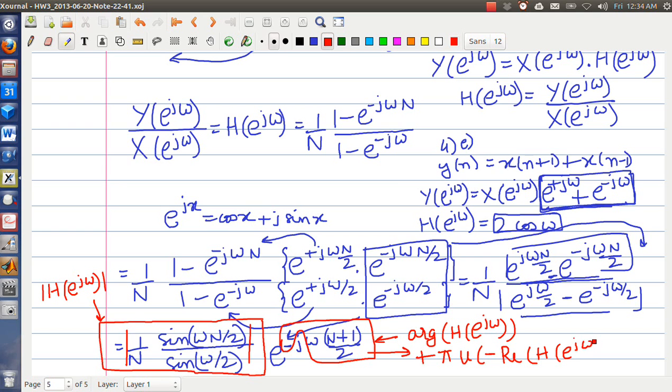You can simply write real part of that, and to make it an odd function you can multiply it with sine omega.